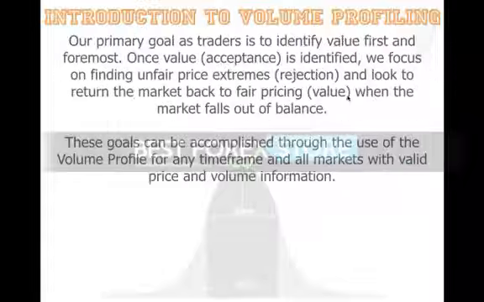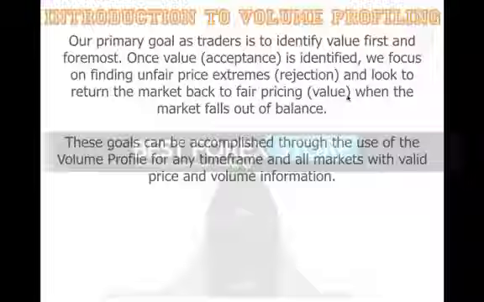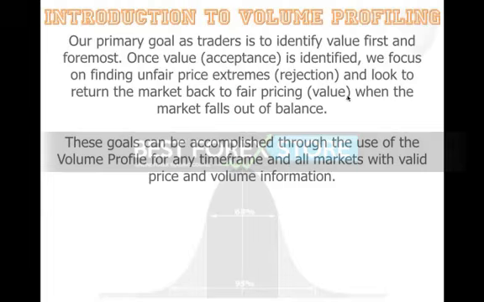There are many ways to go about trading, and you have to master all facets of the game, from execution to mindset to analysis to core philosophy. And right now, we understand that auction market theory is our core philosophy, and now this is the beginning of our core analysis. As a primary goal for any trader, the idea here is to identify value first and foremost.